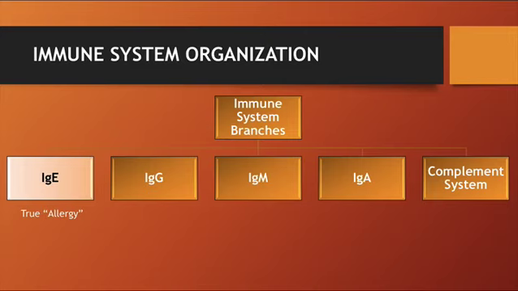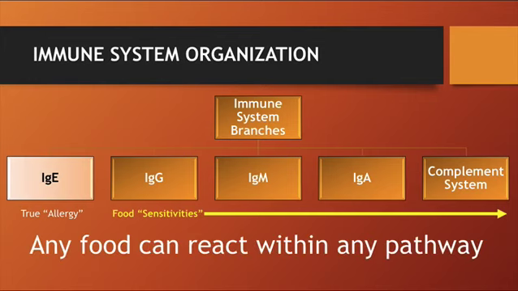They're typically considered sensitivities. But here's the deal, is that any food can react within any of these different pathways. And that poses several different problems for us, at least from a testing standpoint. And I'll show you in just a moment how testing food sensitivity can be a little bit like a shell game. It's like a guessing game.